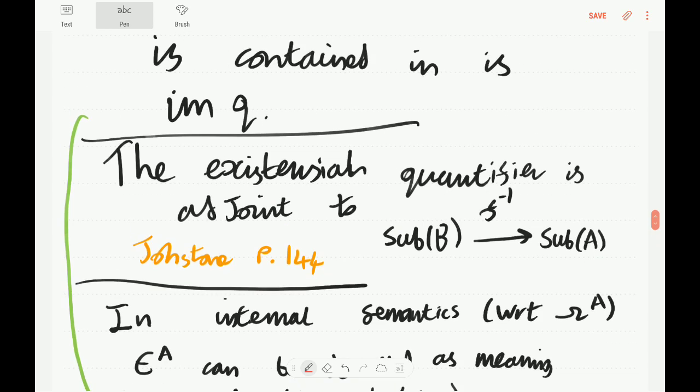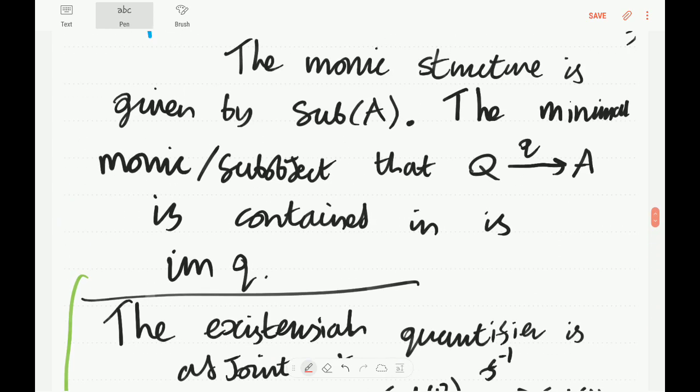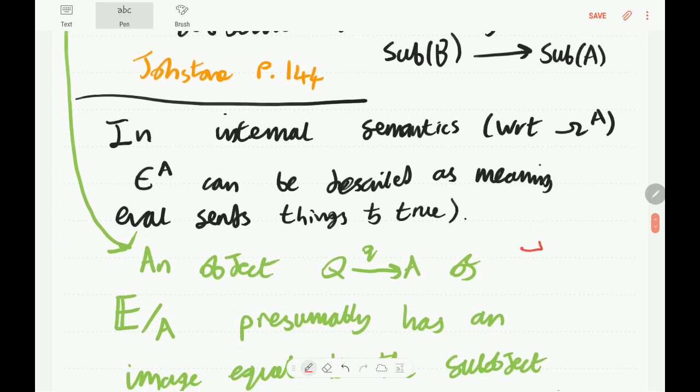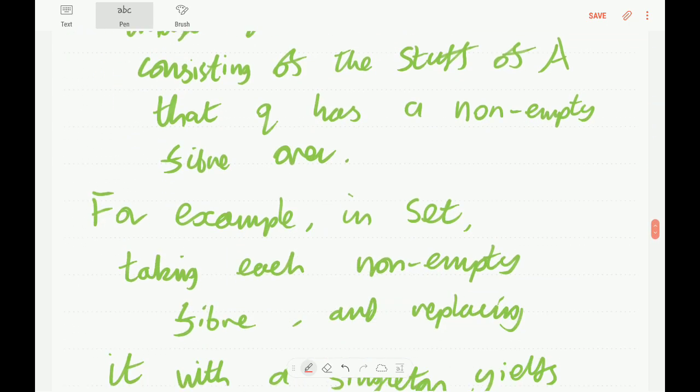Often when topos theorists are talking about things being internal, like internal logic, they're talking about stuff to do with omega to the power of A, because that's an actual object of the category E. So it's something that is visible to a topos dweller, whereas external semantics, or external logic, is talking about Sub A, because this is a category, a pre-order, that we form externally and think about.